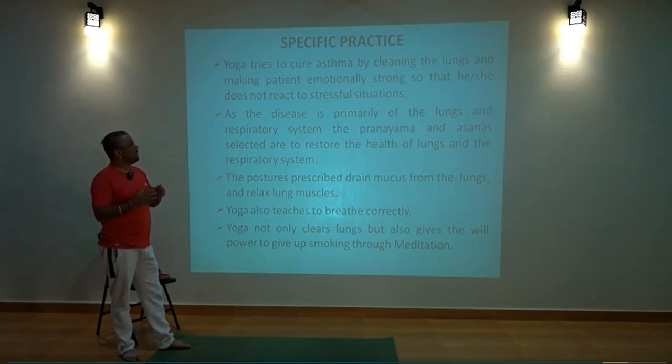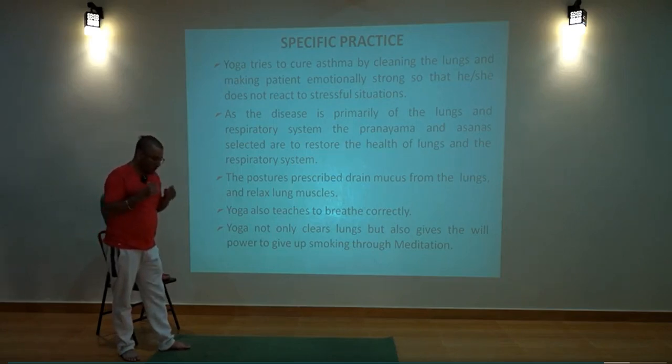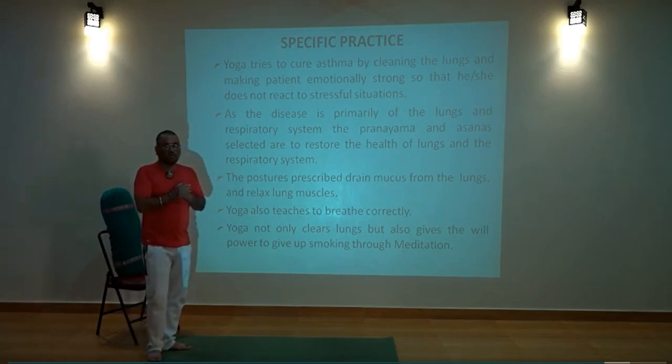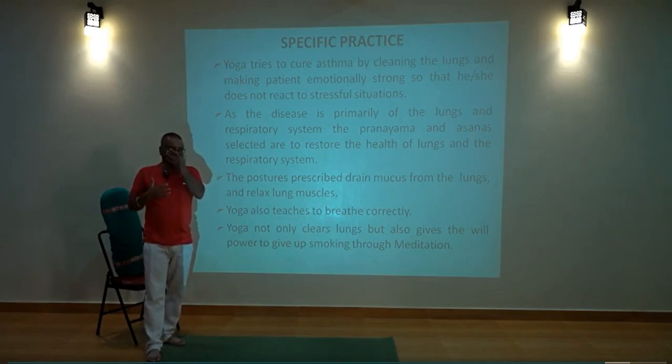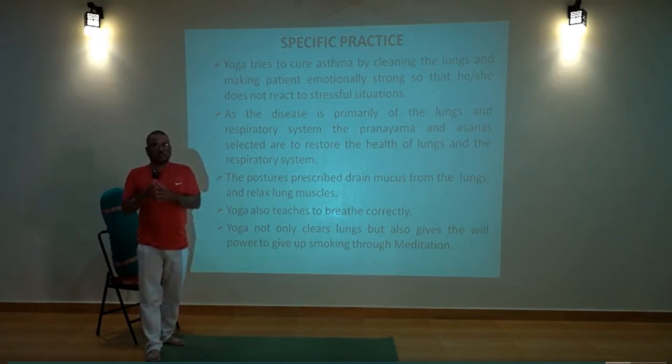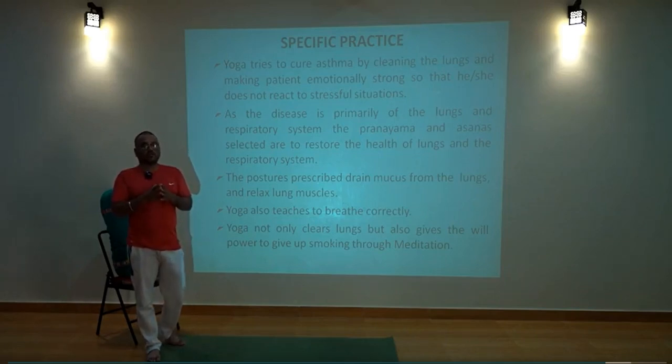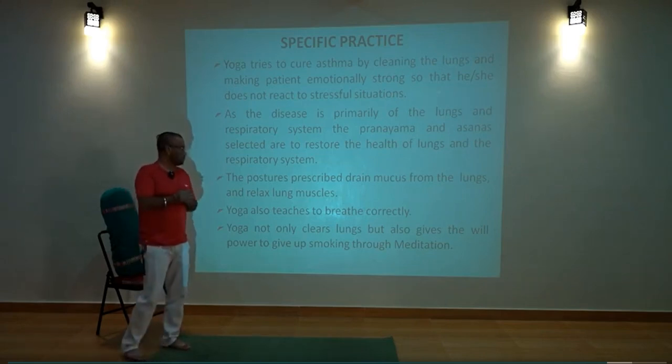As the disease is primarily of the lungs and respiratory system, the pranayama and asanas selected are to restore the health of lungs and the respiratory system. So that's why we have designed the schedule, this module, for the practice of asthma, like not too much dynamic asanas, the category of the postures which we have used that work on this area, the respiratory tract, and the pranayamas that balance your respiratory rhythm.